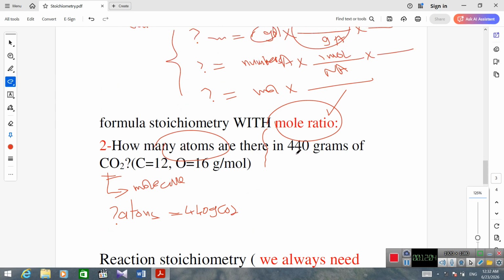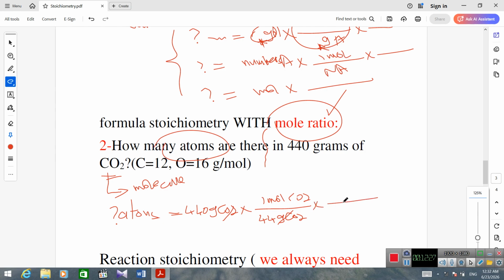As you can see, when the initial part is grams, the second part is molar mass, and as we calculate, 44 grams of CO2 is 1 mole of CO2.